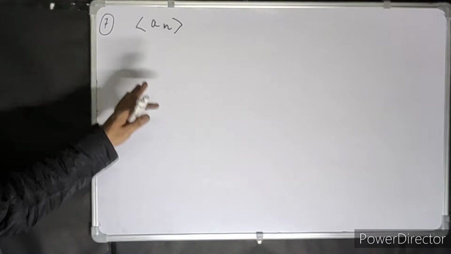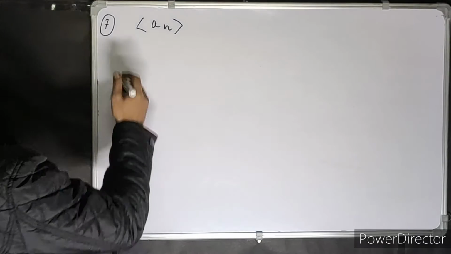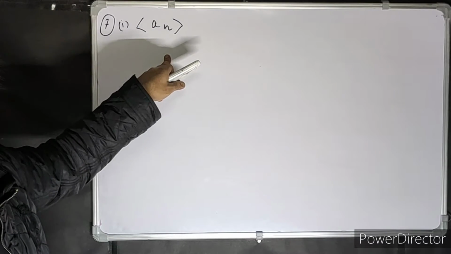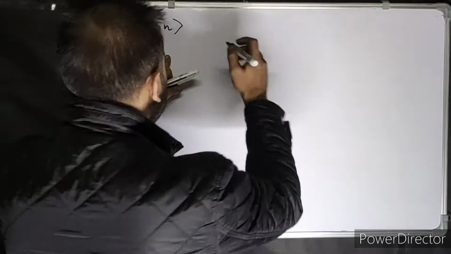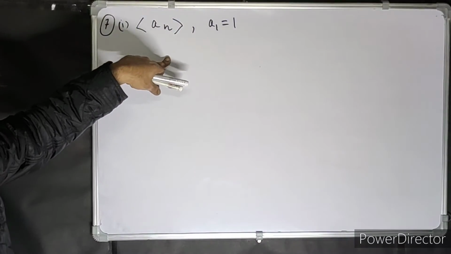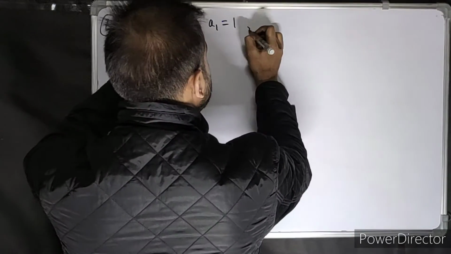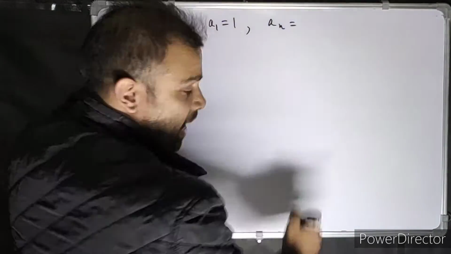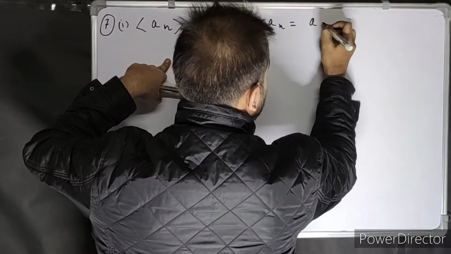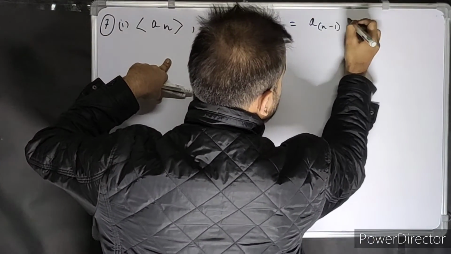Anyways, question number 7 has many parts. This is my first part. A of n is a sequence given to you. For the first part, a1 is also given to us as 1, and an is given to us as (a of n minus 1) plus 2.